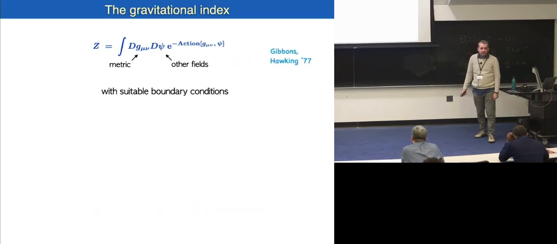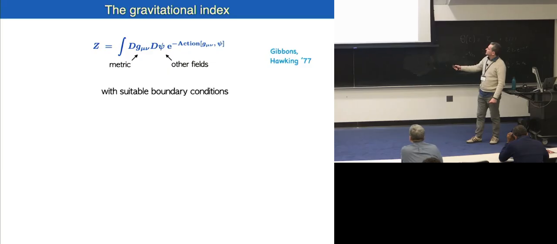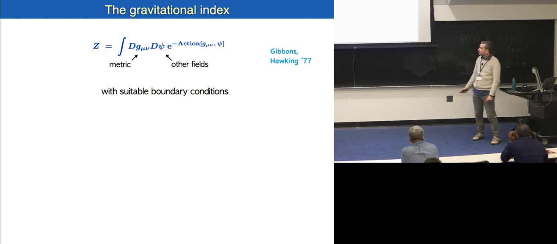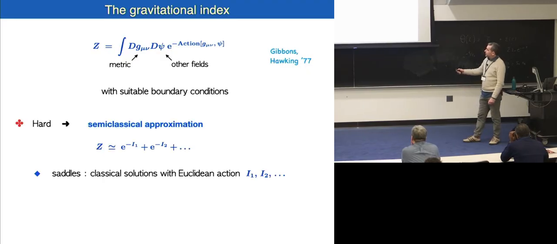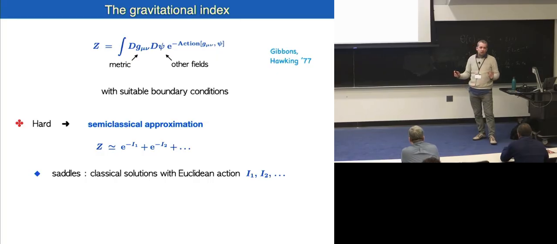So the gravitational path integral is just, as everybody knows, it was introduced by Gibbons and Hawking, and at least formally, it is a sum over all possible metrics plus other fields satisfying some given boundary conditions. Of course, boundary conditions are very important. Here we are dealing with non-compact spaces, so it is important to fix boundary conditions. Of course, defining and computing this object is very hard, but we will be happy with working with a semi-classical approximation.